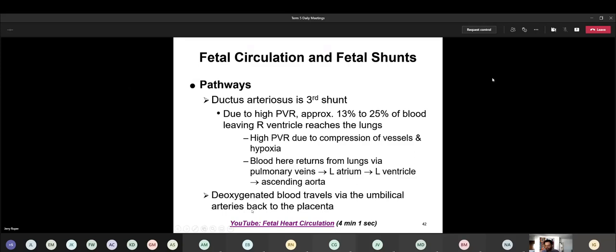And then we know that eventually that blood will have to make its way back to the placenta, and that's the reason why we have these two umbilical arteries to take care of that.